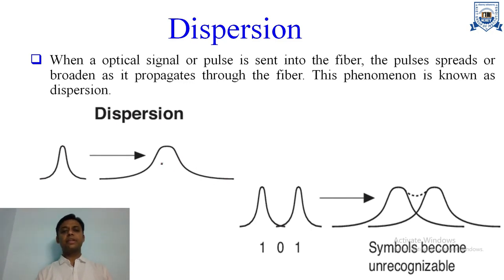That is known as dispersion. Same here, this is the pulse at input, and these are two different pulses, but at output these pulses are overlapping each other. So this phenomenon is known as dispersion.